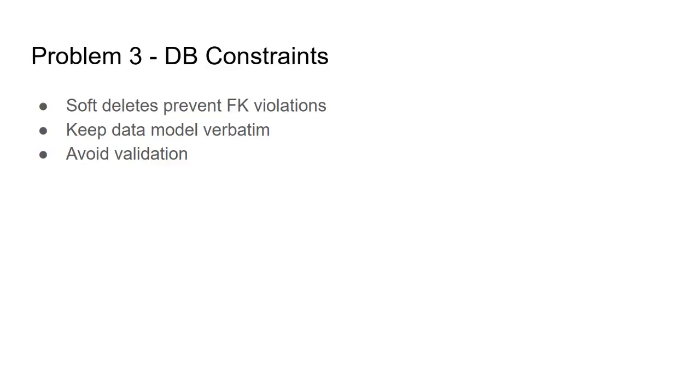So solving this third problem basically uses some of the same things that you have already had to build for the other problems, but the things that solve this problem are soft deletes, keeping the model data verbatim, and avoiding validation. These things prevent data that's valid in the source system from not being stored correctly in the destination system.